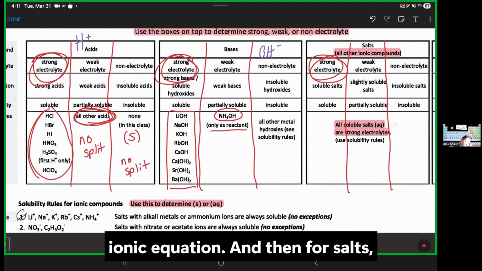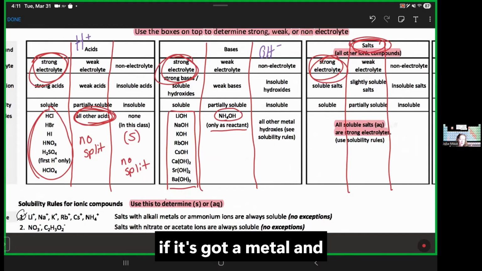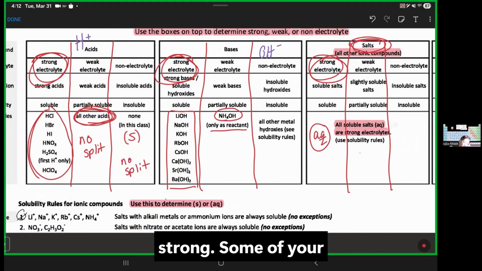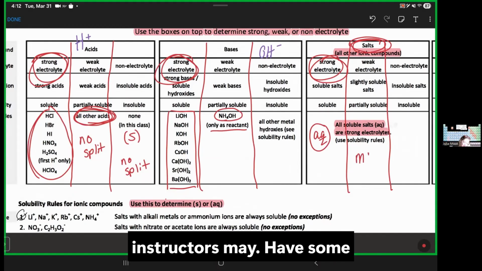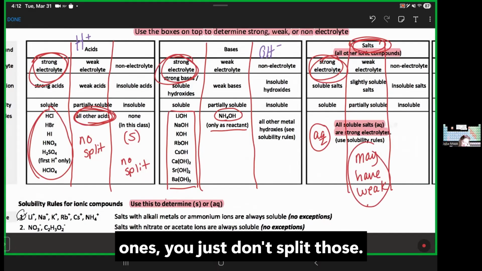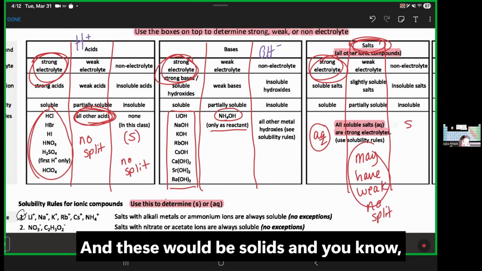And then for salts, salts are ionic compounds. Okay, so if it's got a metal and a non-metal, it is a salt. And basically all aqueous salts are strong. Some of your instructors may have some weak ones. If you have weak ones, you just don't split those. And these would be solids.